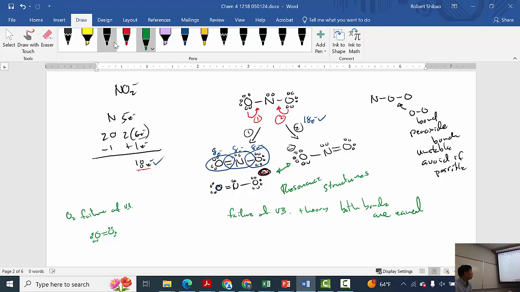And so to get it more towards what it should be, what we do is we come up with a hybrid structure. A hybrid structure would be more in line with MO theory. A hybrid structure for this shows that both oxygen-nitrogen bonds are equivalent.